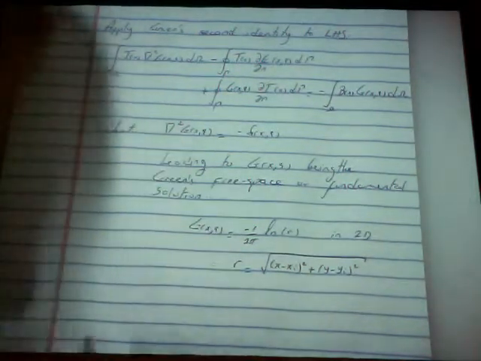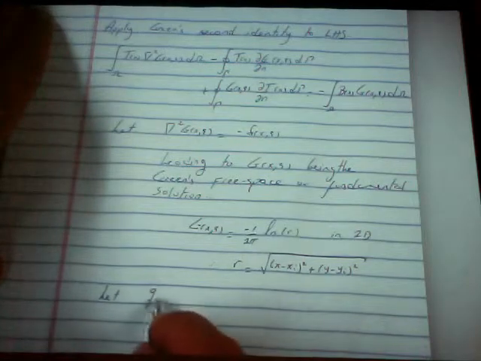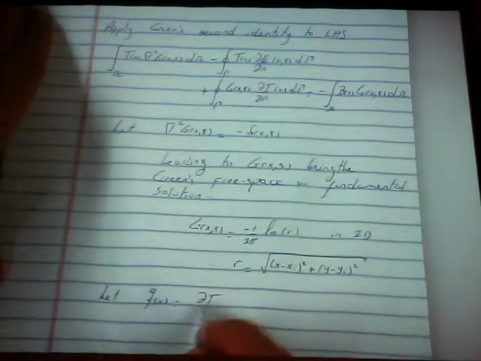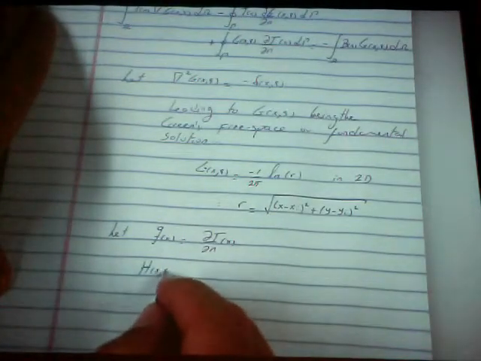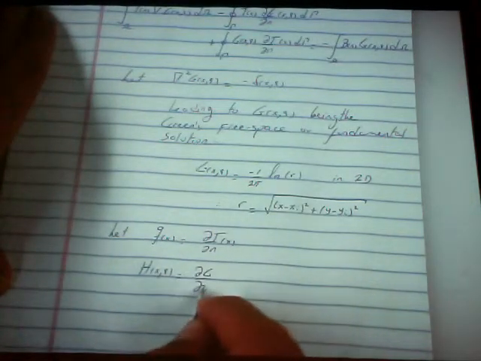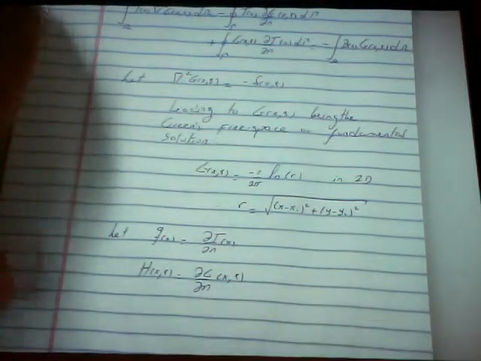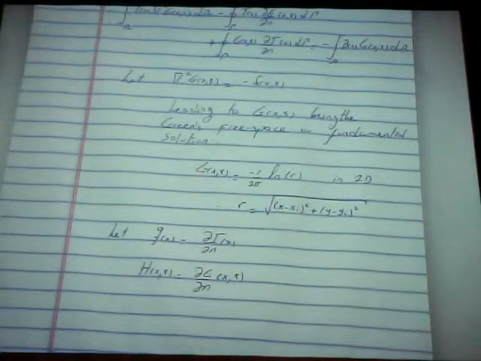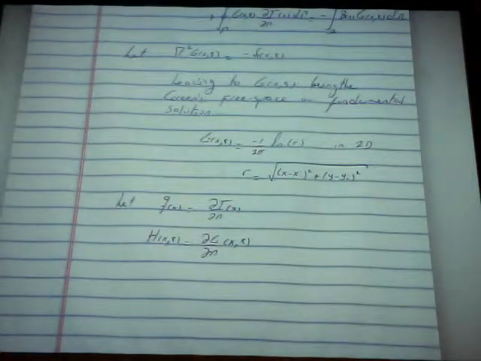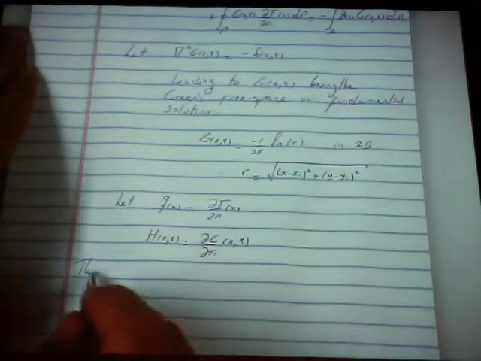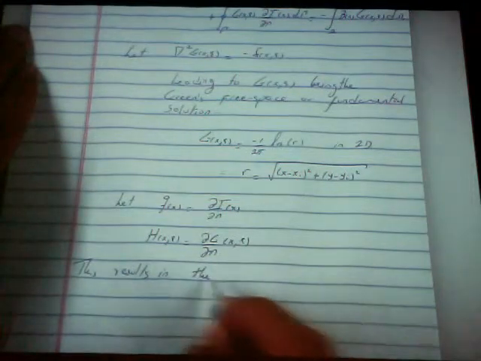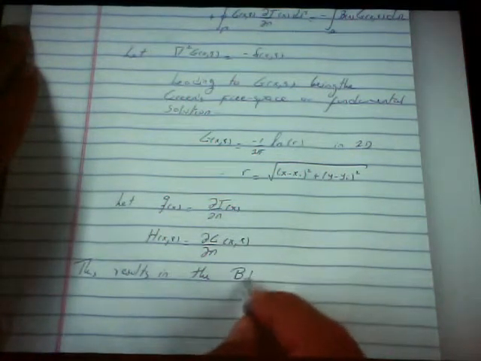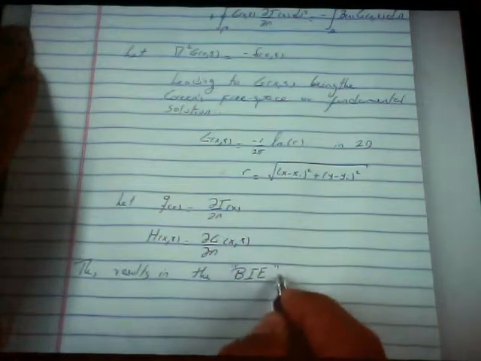Also let q of x be equal to the tdn, and let h of x and psi be equal to the gdn of x and psi. So this results in the BIE, boundary integral equation.